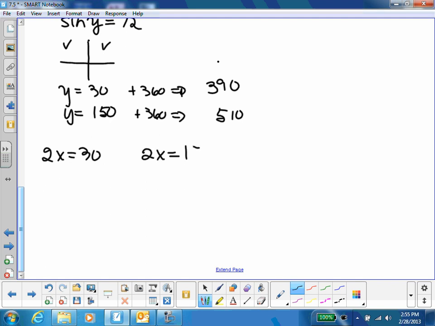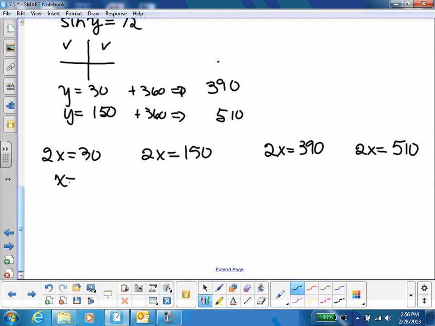So 2x is equal to 30. 2x is equal to 150. 2x is equal to 390. And 2x is equal to 510. Okay? However, our final answers always have to be within 1 rotation. So what am I going to do? Divide all of my answers by 2.